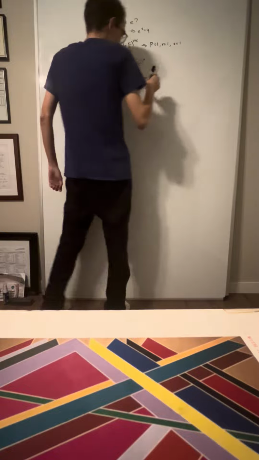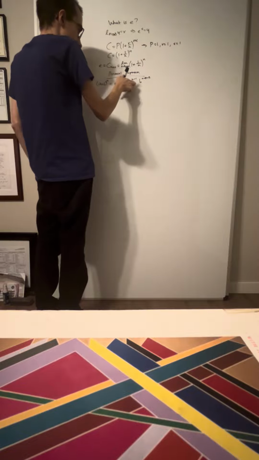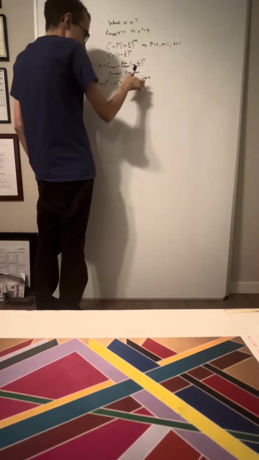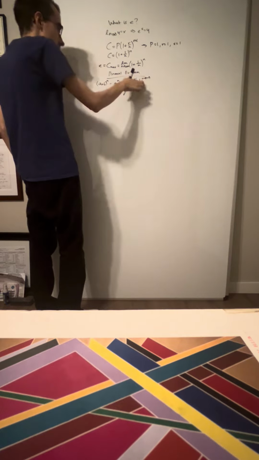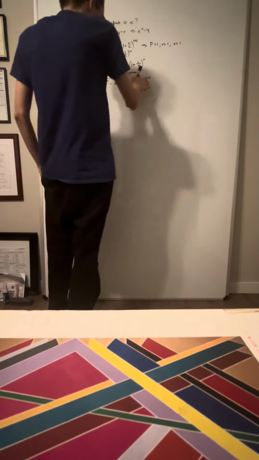So the power of a basically is going to be continuing to decrease by 1 each time, and b is going to increase each time because the n's are going to cancel out here.